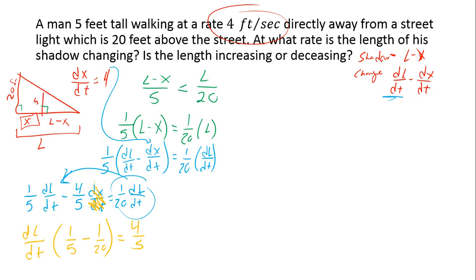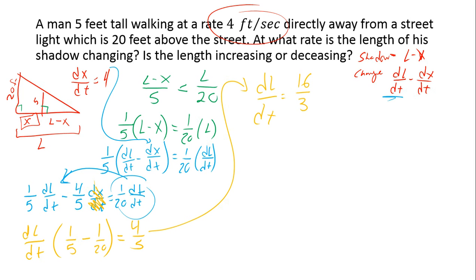And then once we subtract these, we would get dL by itself. Once we solve for dL over dt, we get it as about 16/3. That's after we move everything around and solve it.